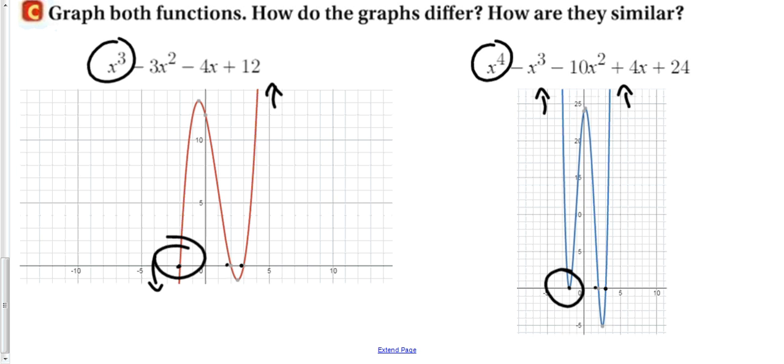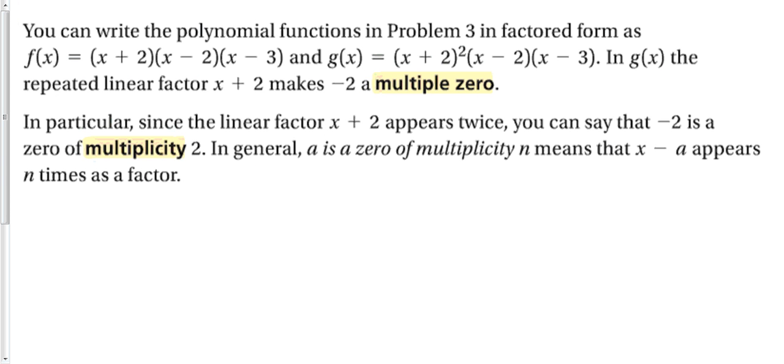At the one right here, this graph goes through the x-axis. In every other case, the graph goes through the x-axis at those zeros. The 0 here at -2 is the only one where the graph does not actually cross the x-axis. It touches the axis and goes the other way. This is a special situation.